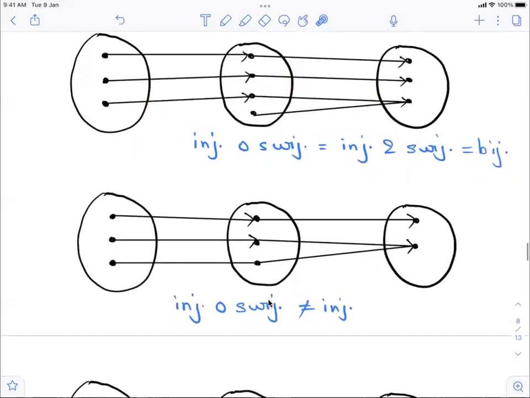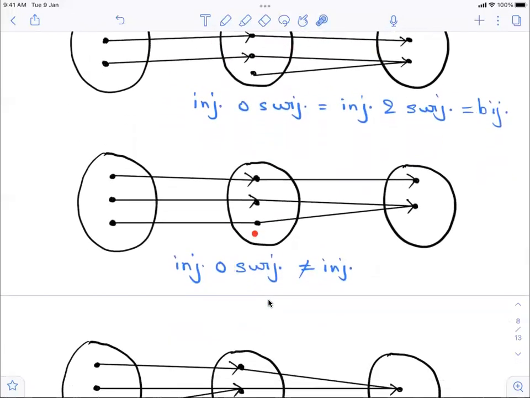But on the other hand, in this particular scenario, composition of an injective and a surjective fails to be bijective because it's not injective anymore. For example, this composition is not injective because these two inputs have a common output in the final set. So this composition cannot be injective, and therefore it can't be bijective. But nevertheless, the first map is injective, the second map is surjective.